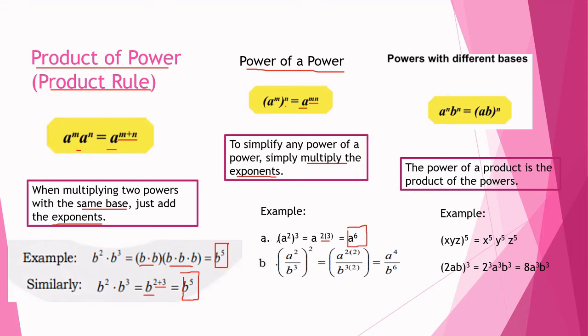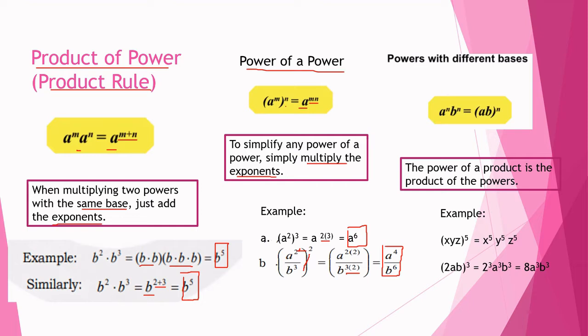Next, letter B. The quantity of a squared over b cubed raised to the 2nd power equals, so multiply the exponents, 2 times 2, we have a raised to the 4th. Then 2 times 3, we have b raised to the 3 times 2. So simplifying, we have a to the 4th over b to the 6.